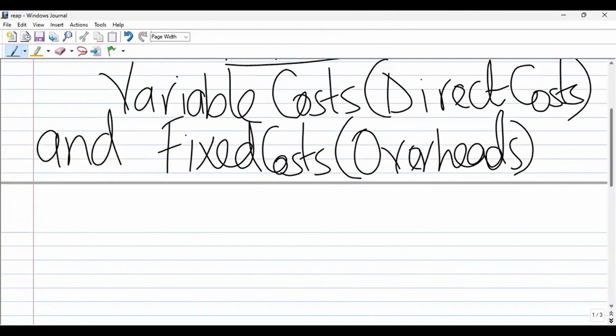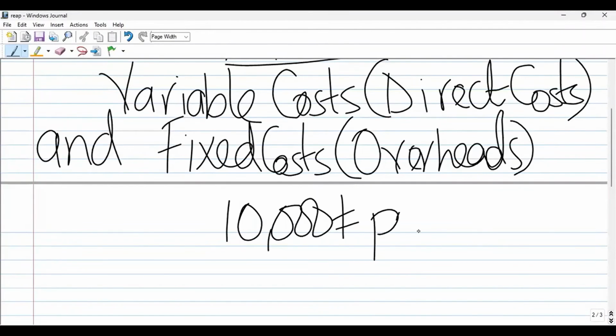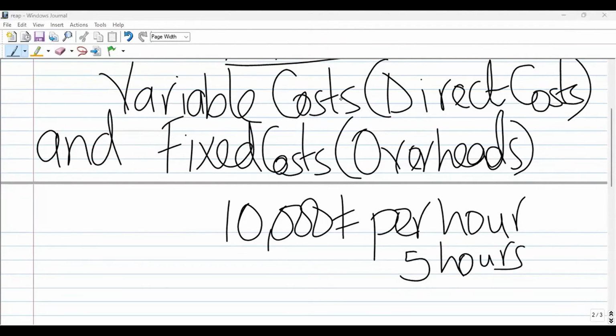So these direct costs can be traced because, for example, when we are talking about variable costs, say you're paying someone money per hour, maybe 10,000 shillings per hour. It means that you can easily trace the amount that someone is going to get. For example, if someone works for 5 hours, you know that it is 10,000 times 5, which gives you 50,000 shillings.